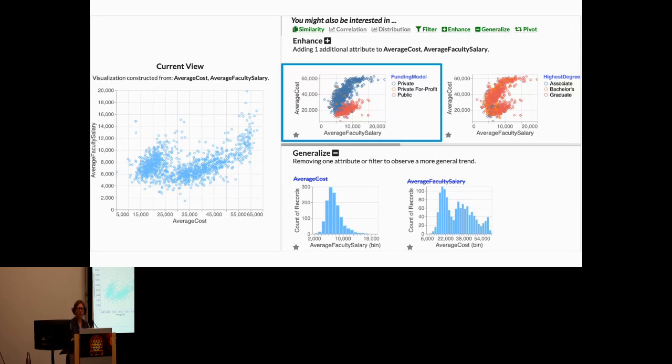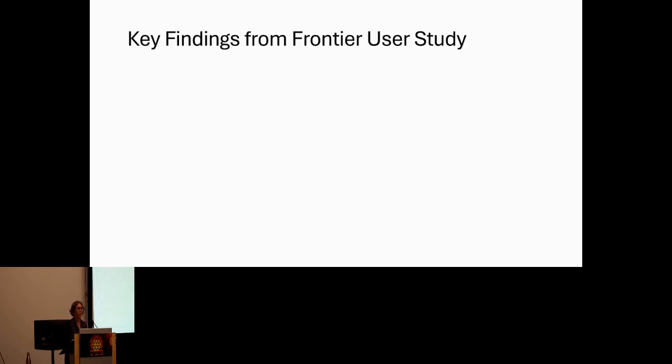This was done by adding a single variable about whether the institution was private or public. So here you can see the system helping the user find something interesting in their data by suggesting a next step. Our contribution was in looking at how these next step views, organized into facets, might help people explore their data.